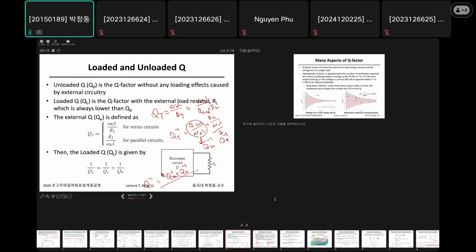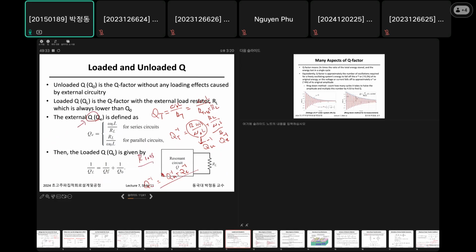Then why do we need to separate external Q? Why is it convenient? Because typically R loss is not well controlled.